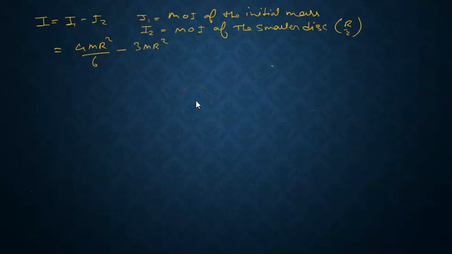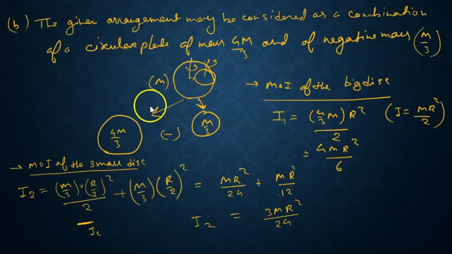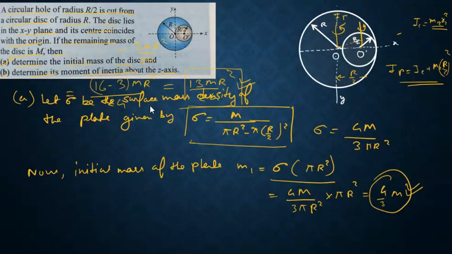That equals 16 minus 3 m r square by 24, that is 13 m r square by 24, and this is the final value of the moment of inertia of this disk about the axis perpendicular to its plane.